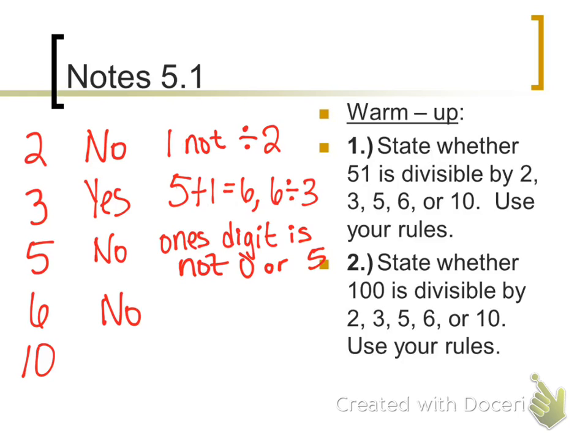We need the whole 2 and 3 part, but it's not just about the ones digit. It's about the whole number. We could divide it by 3. That one was a yes. But we could not divide it by 2. So 51 was not divisible by 2. It's got to be divisible by both 2 and 3 in order for the whole thing to be divisible by 6.